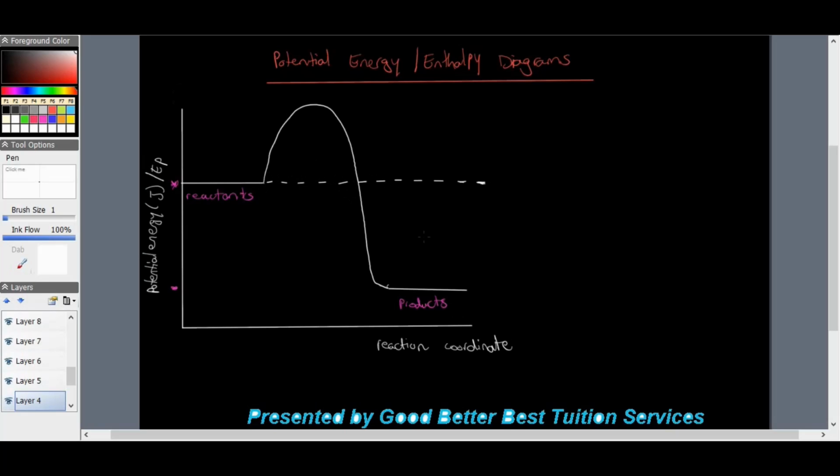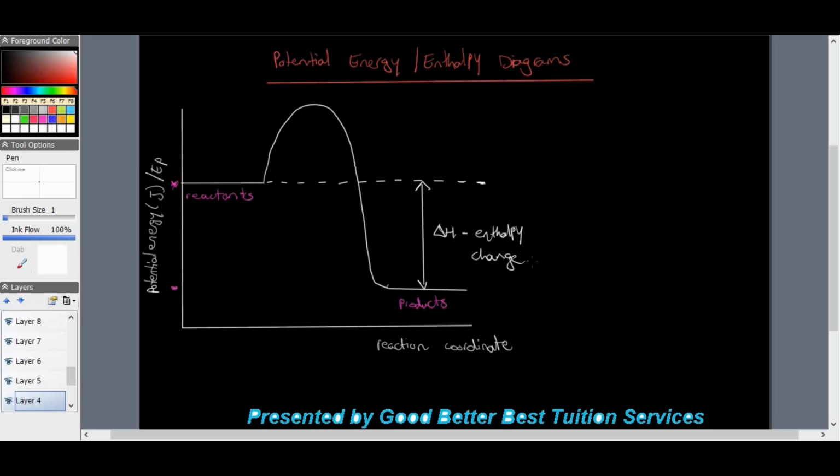So this little difference here, which you'll see, is what's known as your enthalpy change, delta H. You will always write it as delta H. You wouldn't write it as enthalpy change, but I'll put it for now for teaching purposes. This is your enthalpy change of the reaction. So this is a potential energy diagram or an enthalpy diagram.